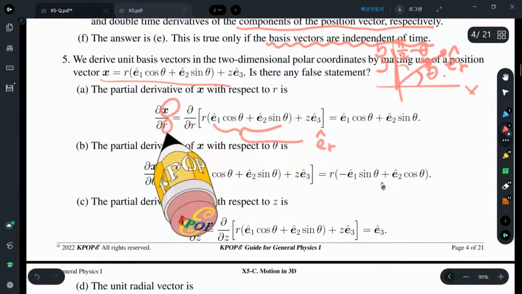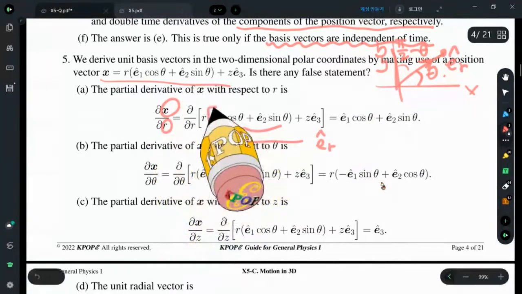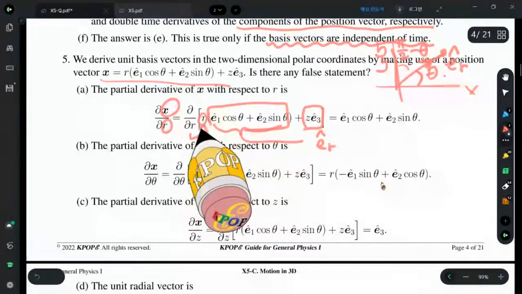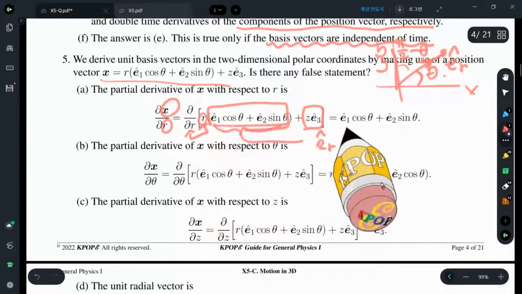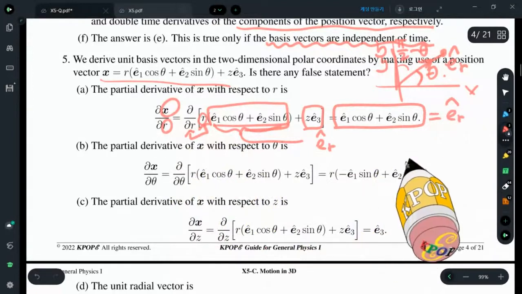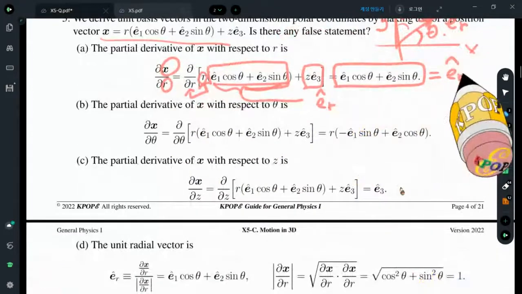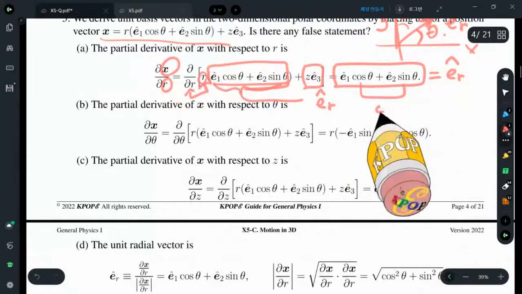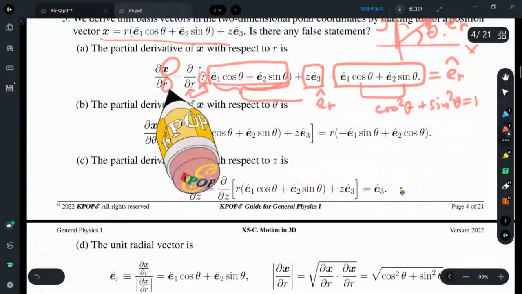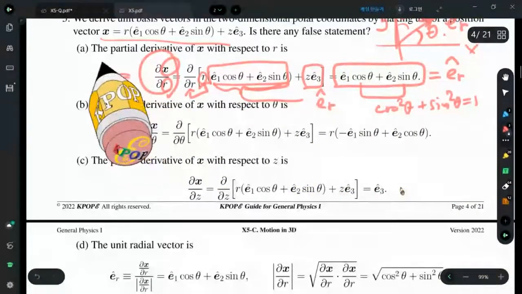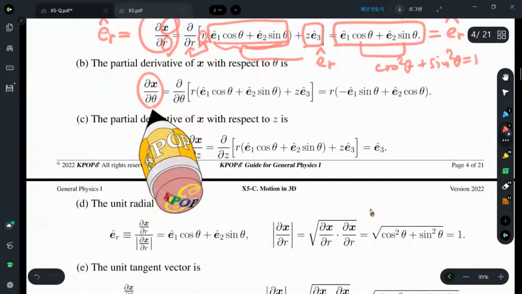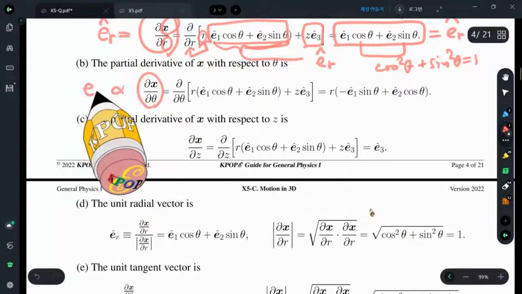If I take the partial derivative with respect to the radius, then this is constant and this is constant, so I only take the derivative of this, and the remaining piece is this one. And this is e_r hat, because it is proportional to e_r hat, and its magnitude, cosine squared theta plus sine squared theta, equals 1. That's the reason why this one is e_r hat. What happens to the angle derivative? It should be proportional to e_theta.